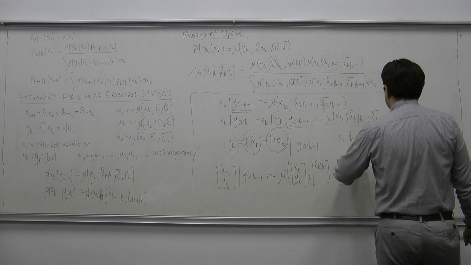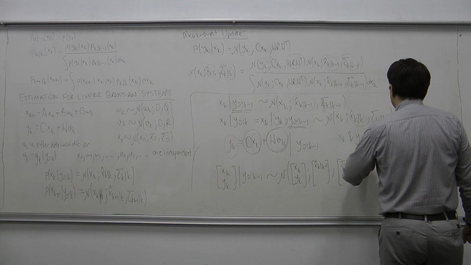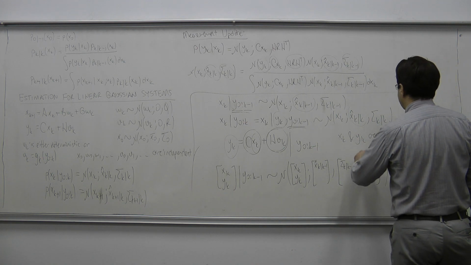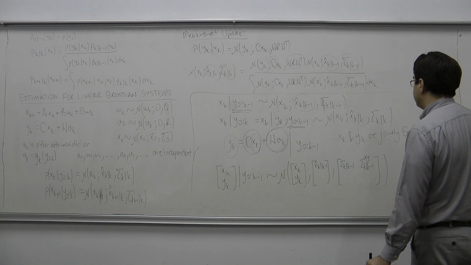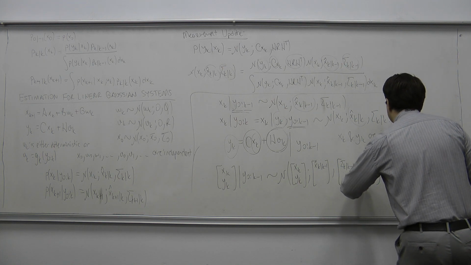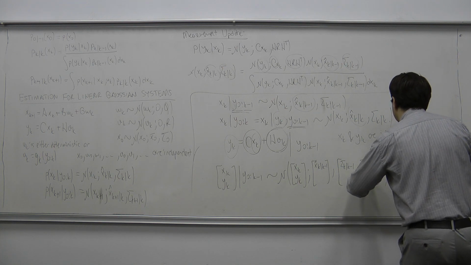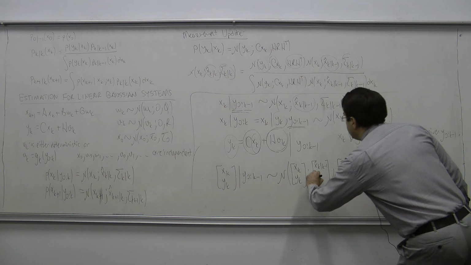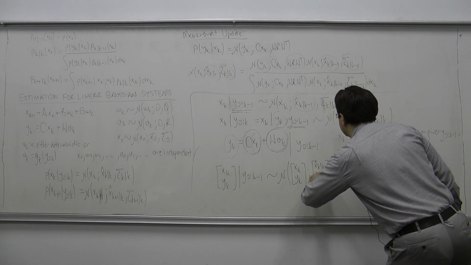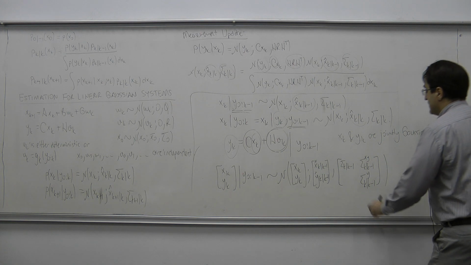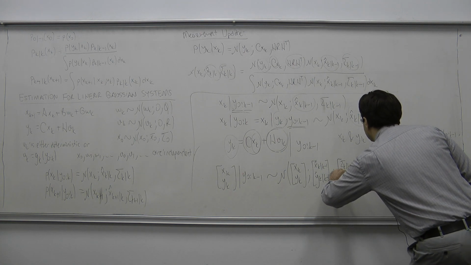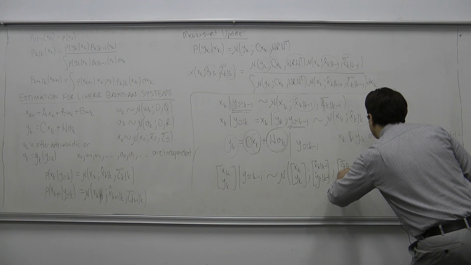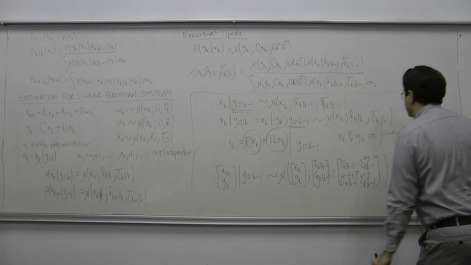Let us start giving some names here. I would call this sigma k given k-1, with an xy, and here sigma k given k-1 y, and here y hat k given k-1, and this part is going to be just the transpose of this matrix, sigma k given k-1 xy transpose.